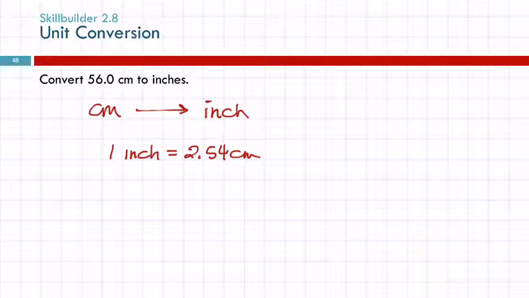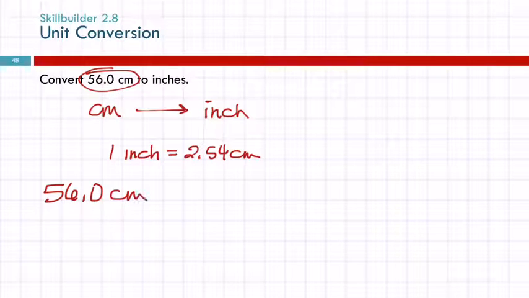So now I'm ready to actually set things up. I'm going to take this number that I'm starting with, its starting units, 56.0 centimeters. I'm going to look at my path here and see I have one arrow. That means I need one conversion factor. So times, and I'm going to have one factor.